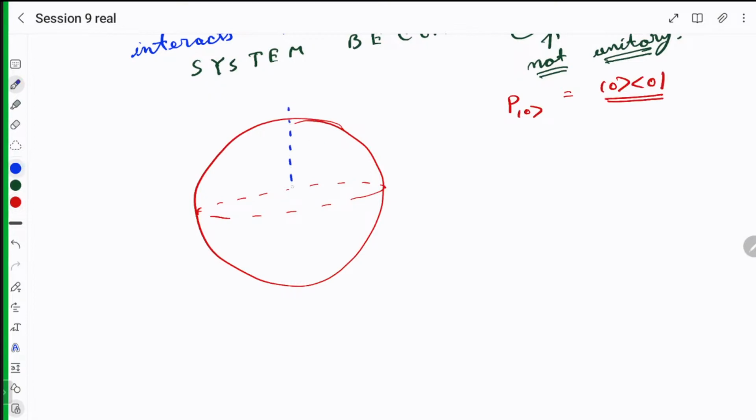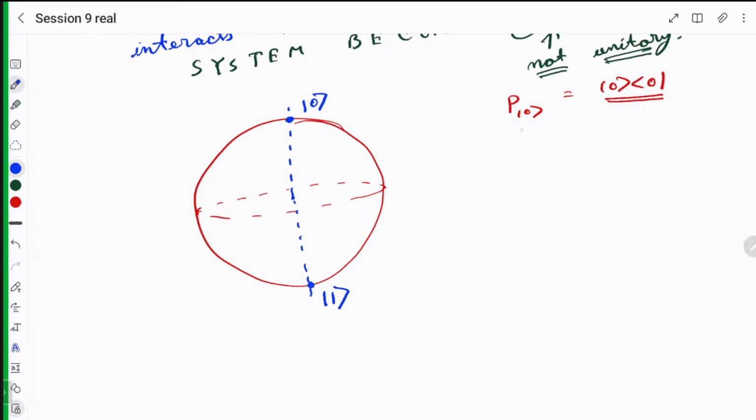Remember that the Bloch sphere was a real space representation of the complex vectors in C2, and it turned out that the ket0 was represented on the z-axis and the ket1 on the minus z-axis, because these were eigenvectors of the sigma z operator.